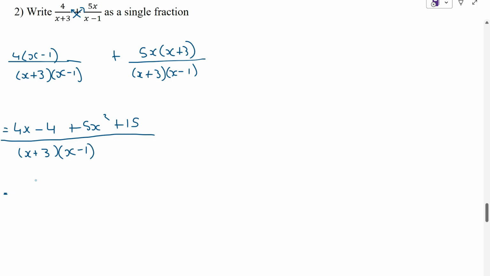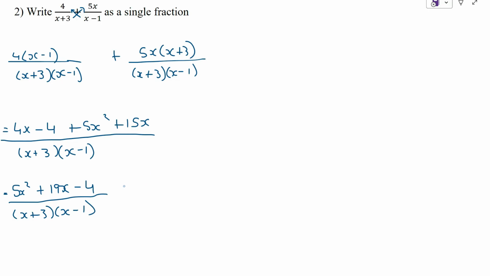So let's simplify the numerator. 5x squared stays the same. 4x plus 15x gives us 19x. Minus 4 stays the same. All over x plus 3, x minus 1.